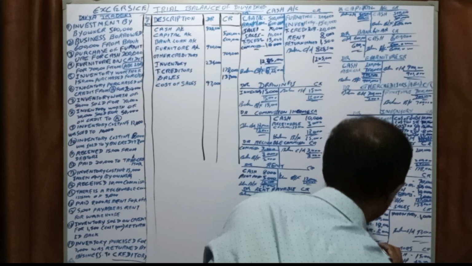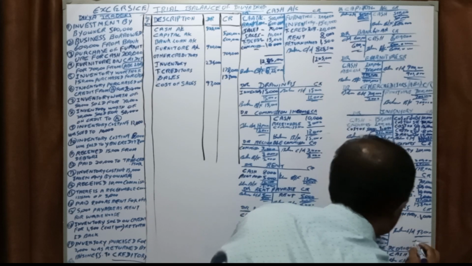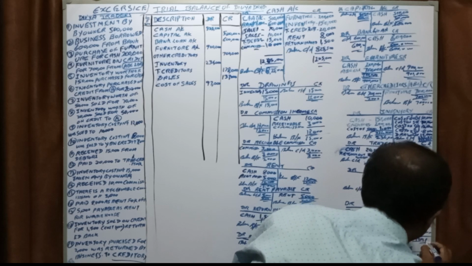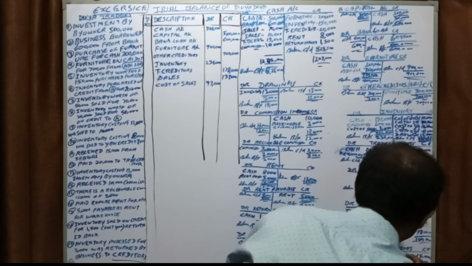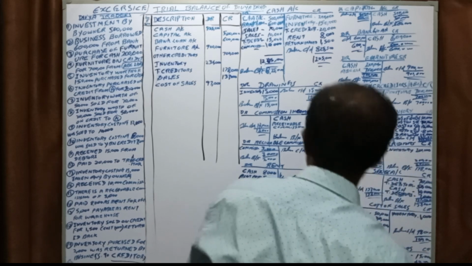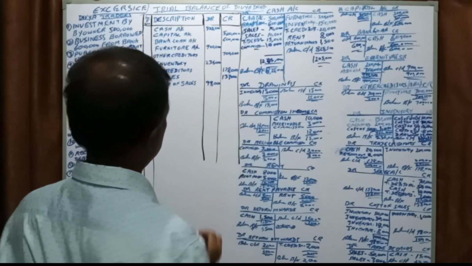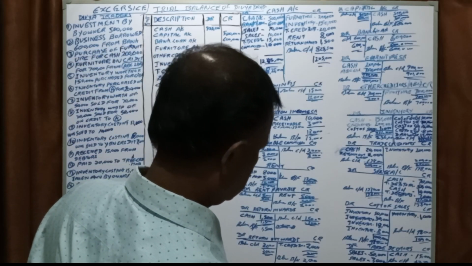This one is 100,000. Here we will say 99,000. Okay, 99,000. So that was a mistake.